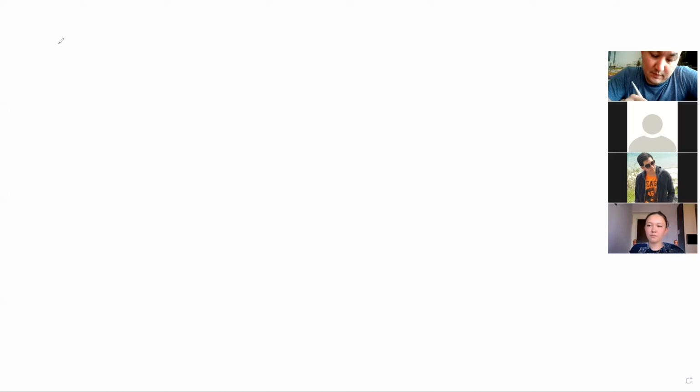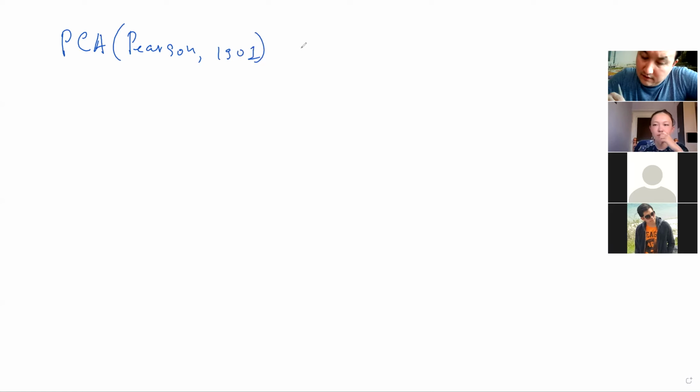Roughly speaking, the classical PCA was invented by the great English mathematician Pearson. And then in the 70s, it was shown that PCA is the same thing as singular value decomposition.